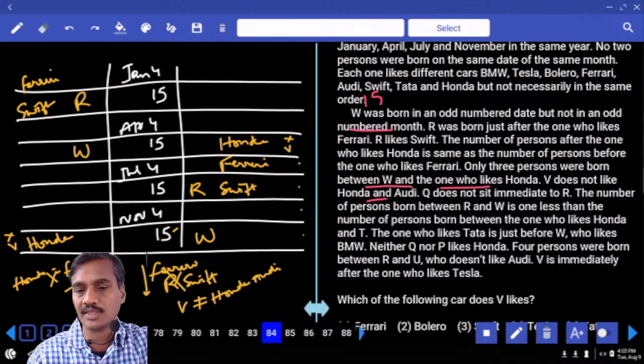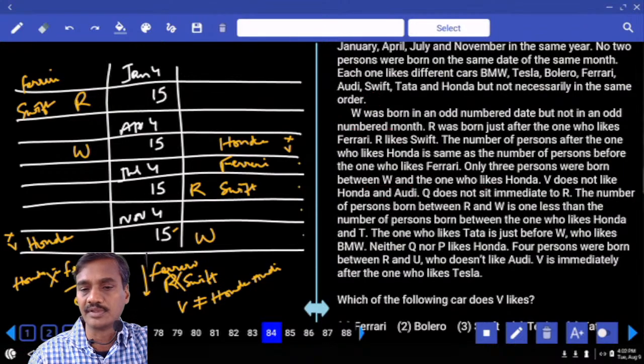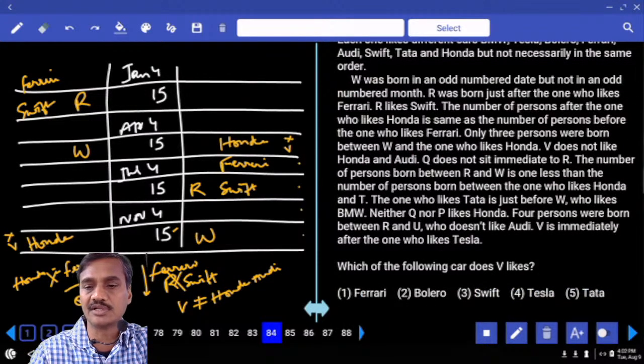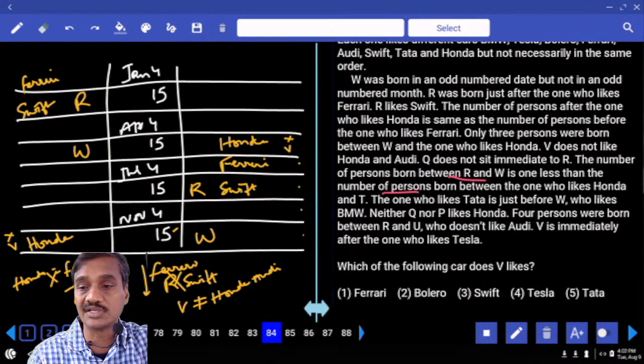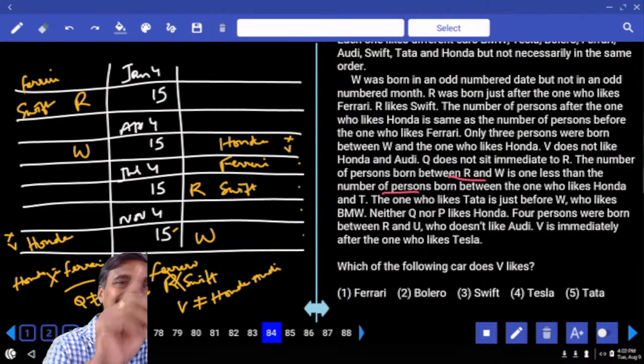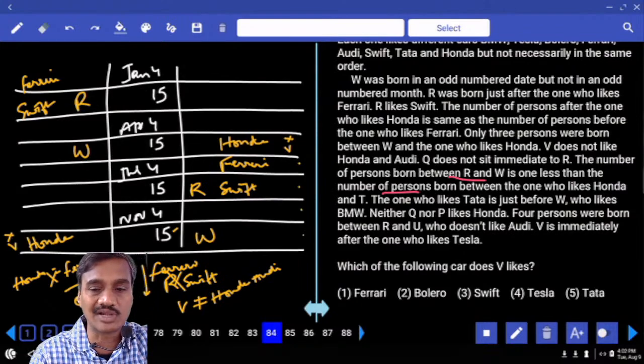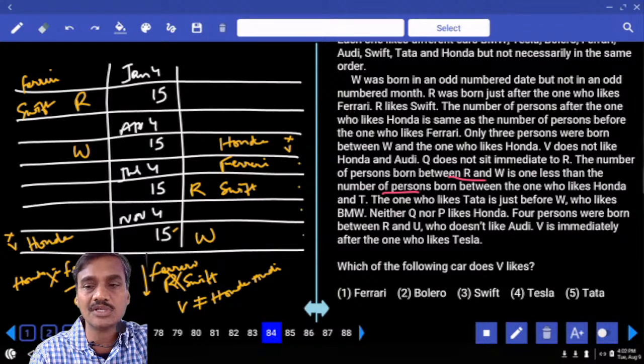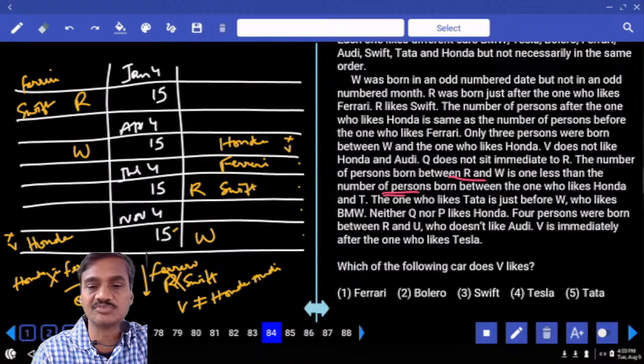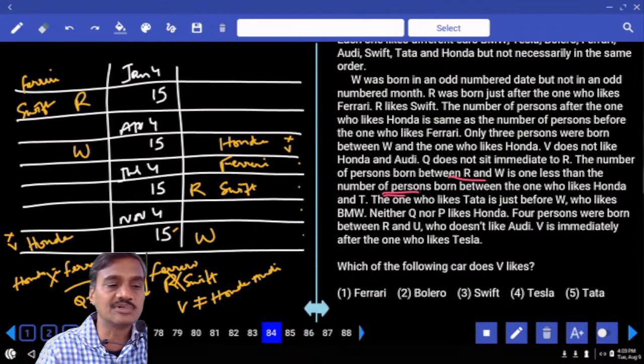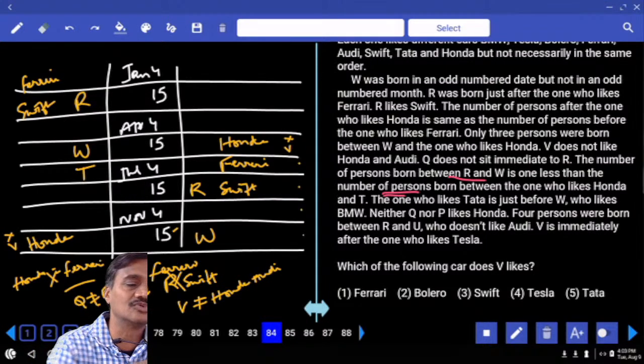And next one: the number of persons born between R and W is one lesser than the number of persons between T and Honda. R and W in this case have exactly one person between them. That is one lesser than the number of persons between T and Honda. Hence between T and Honda there must be exactly two people.